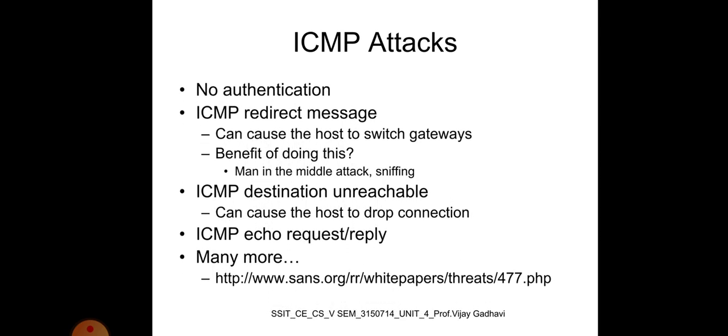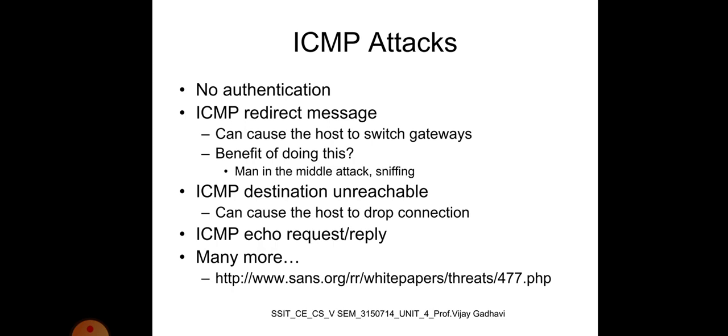Now we look at ICMP attacks, like man-in-the-middle attack and sniffing. Here we see there is no authentication in ICMP. A redirect message can cause the host to switch gateway.